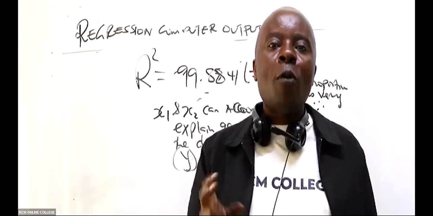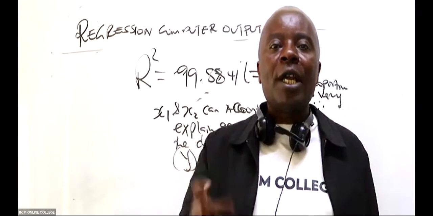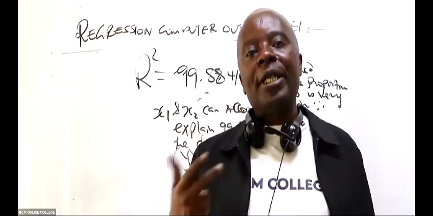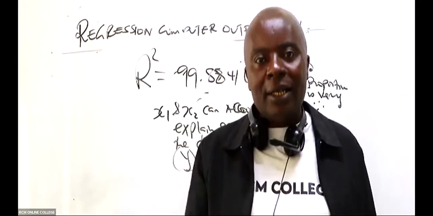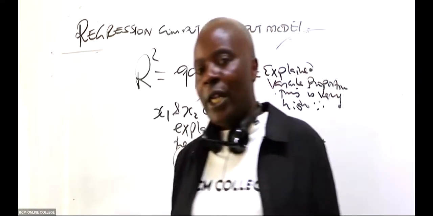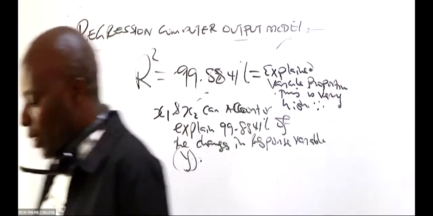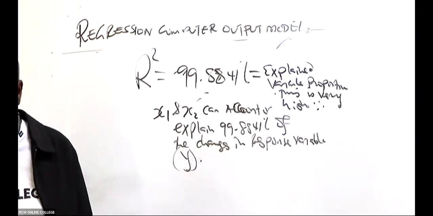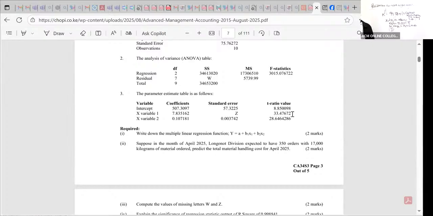So they tell you to compare the significance of two variables on the basis of the T-ratio. You simply tell us the one that has a higher T-ratio is the better one. Look at the T-ratios provided, ladies and gentlemen. There are two of them. Are you able to see them? For X1 it is 3, and for X2 it's 28.